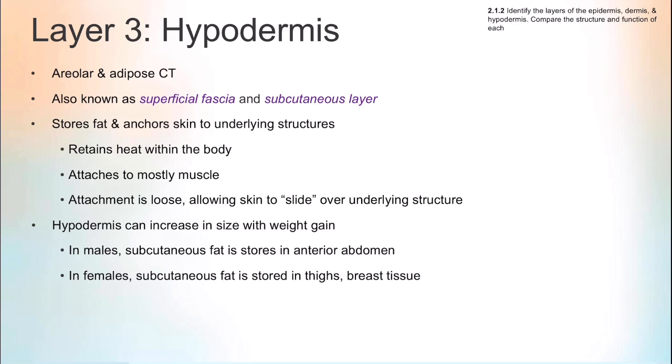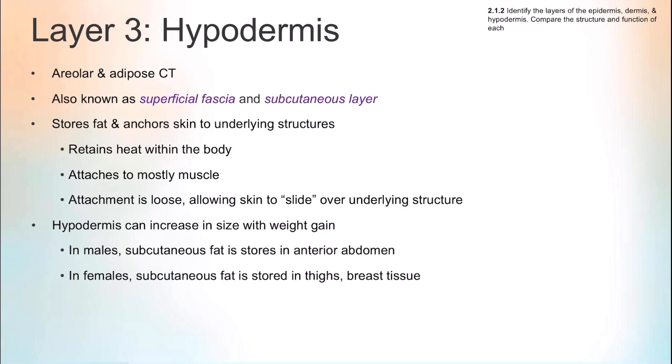So it's going to help attach it to areas such as the internal lining of our cavities, making sure that skin is not sliding or moving all over the place. So this is going to attach mostly to muscle in the majority of regions, but we can see that it attaches to some of that excess fascia that may exist, especially around the cavities.